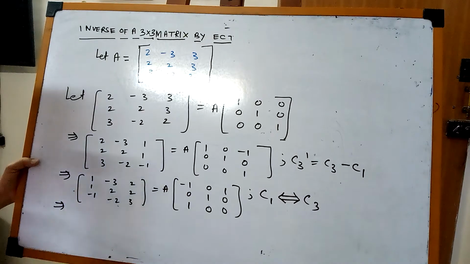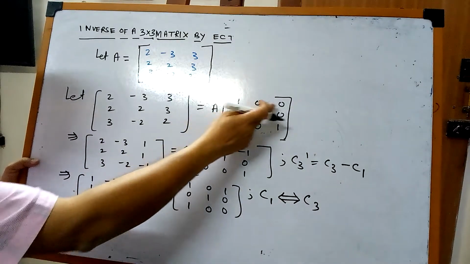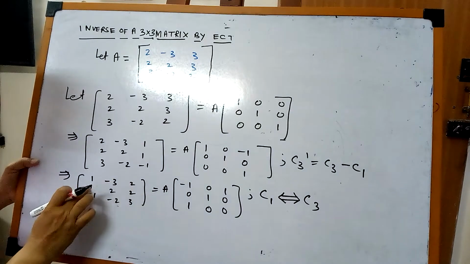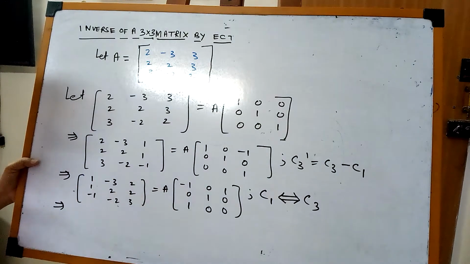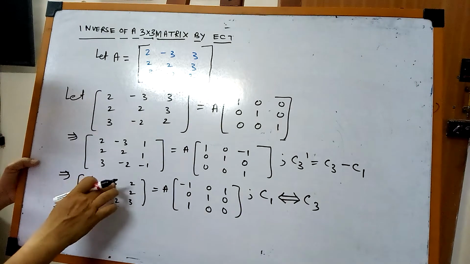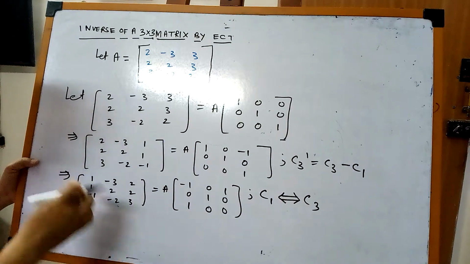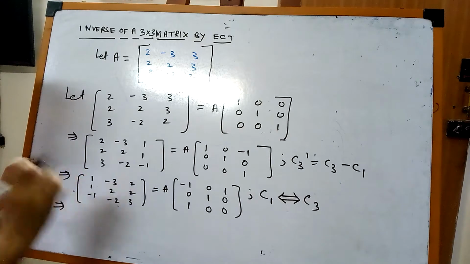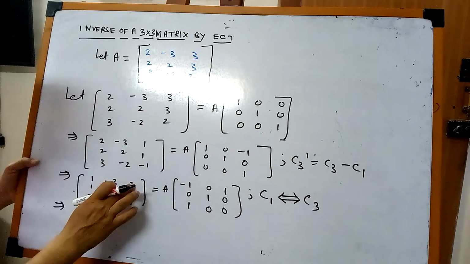Now it's my aim to get zeros here, 0 here, 0 here like this. As it is column operation, first step I like to get 0 here and 0 here. How to? Multiply this by 3, add here, it will be 0. This by 2, subtract from here, this will be 0.